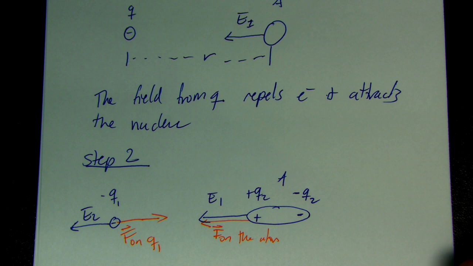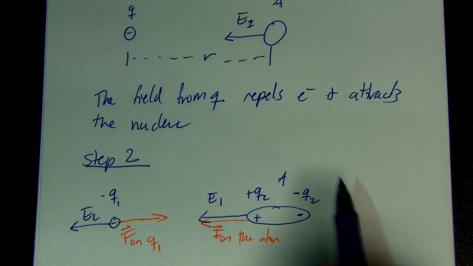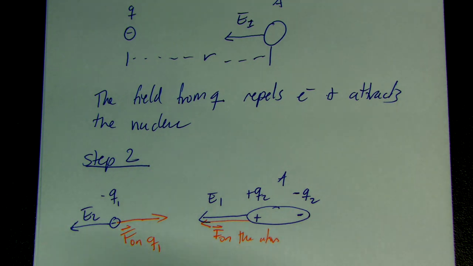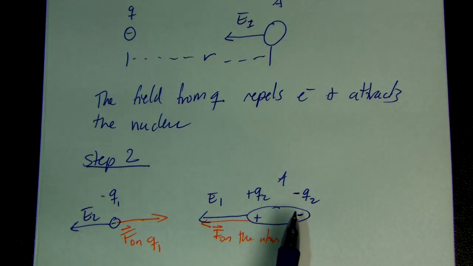So they are attracted to each other. All right, so once you induce the dipole, you get another field, and that field will then act on the charge that induced the dipole. Okay, so moving on.